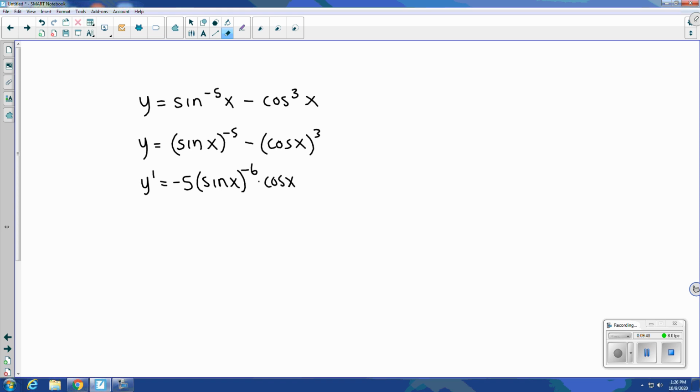And then we're going to have minus, okay, same idea on that second piece. Let's clean this up.